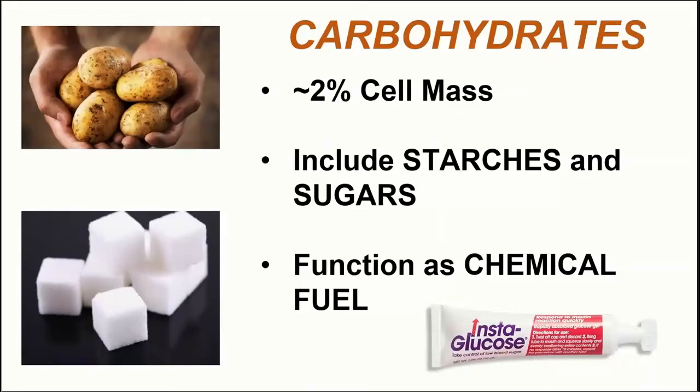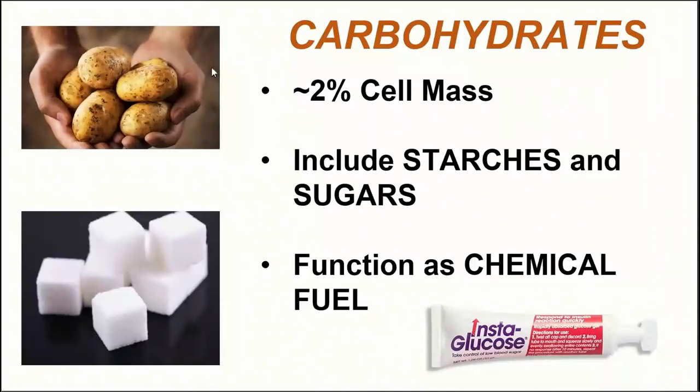Carbohydrates are approximately 2% of the cell mass. This is about 10 times less mass than we see of our typical proteins. So proteins constitute approximately 20% of our cell mass. Carbohydrates make up a significantly smaller proportion of our cell mass.